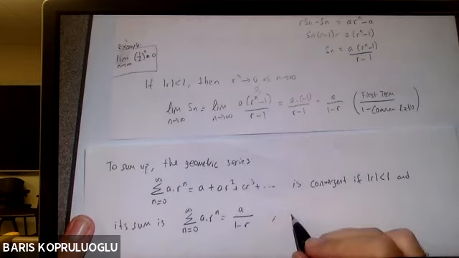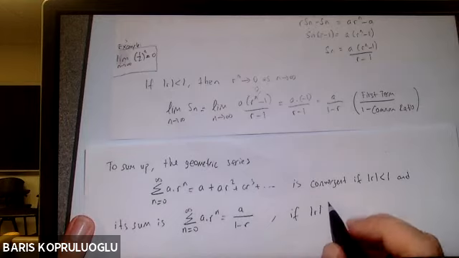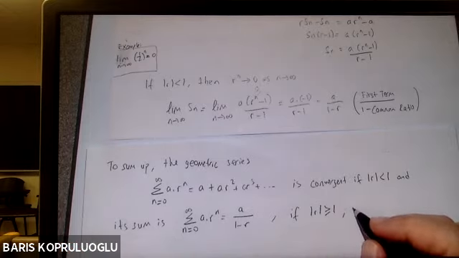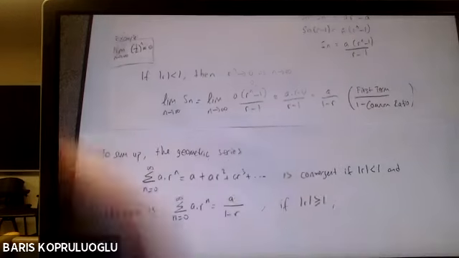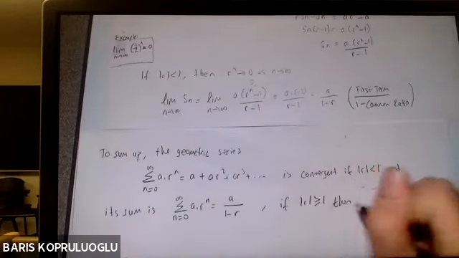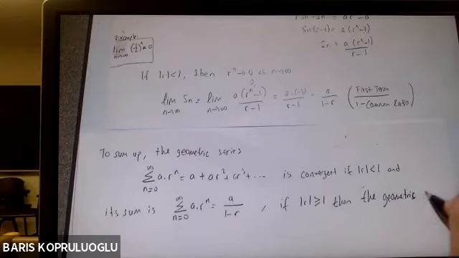If the absolute value of r is greater than or equal to 1, then the geometric series is divergent.